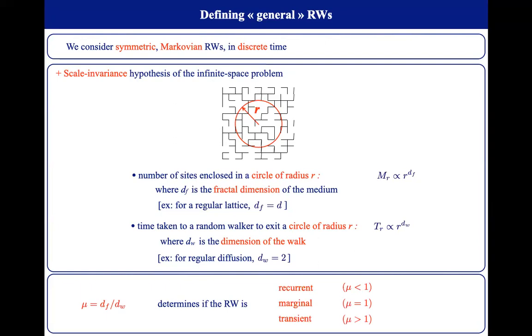This type of random walk, recurrent, transient, or marginal, is actually crucial to answer the question of the times between visitations of new sites. In recurrent cases, you find exactly the same phenomenology as in the 1D case. You find an algebraic behavior at small times and an exponential regime at large times, and you have a scaling form for Fn.